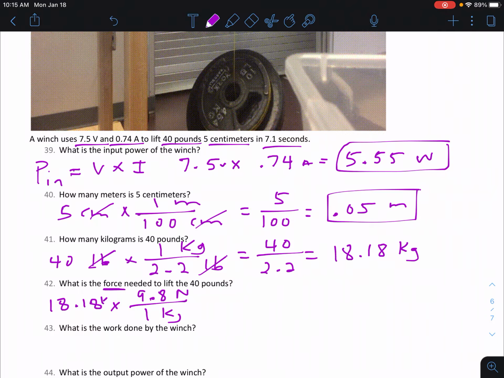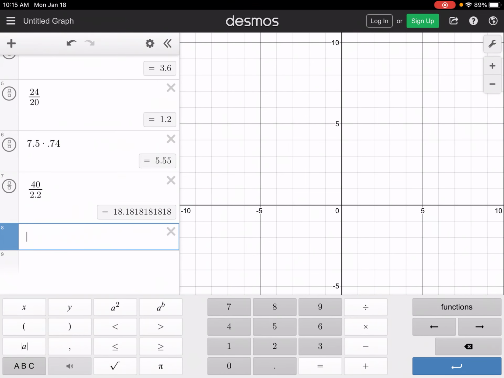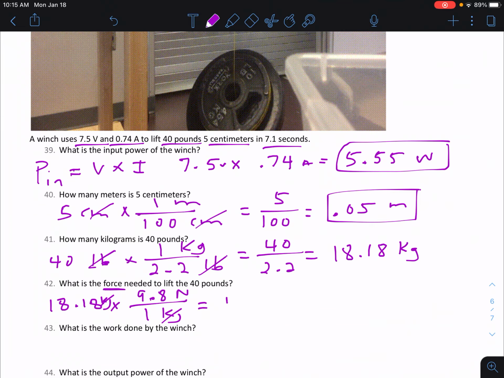Kilograms cancel out, so we have 18.18 times 9.8, which is 178.164. We'll round that off to 178.16. And that's newtons.